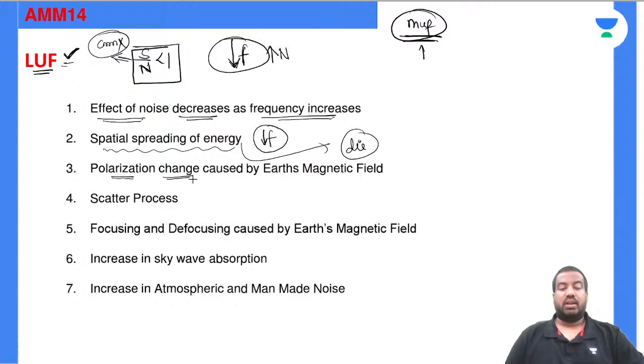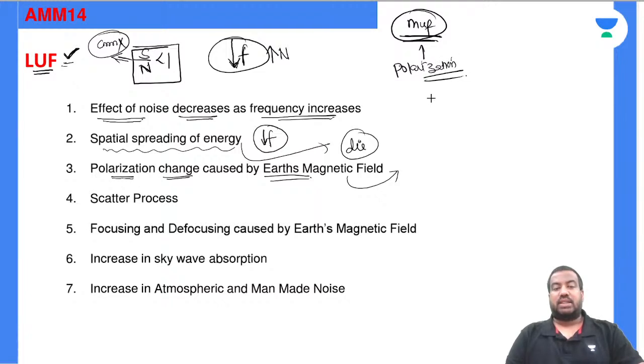Polarization change caused by Earth's magnetic field. Due to the Earth's magnetic field, there will be a change in polarization. Because of the polarization mismatch, losses will occur. And this loss due to the polarization mismatch increases with the decrease of frequency.